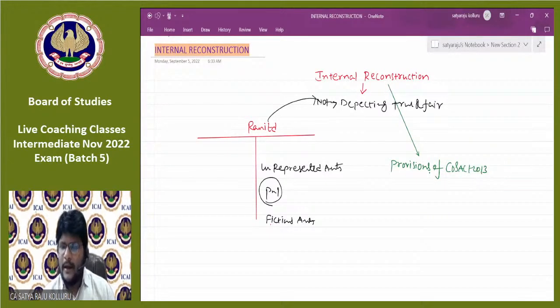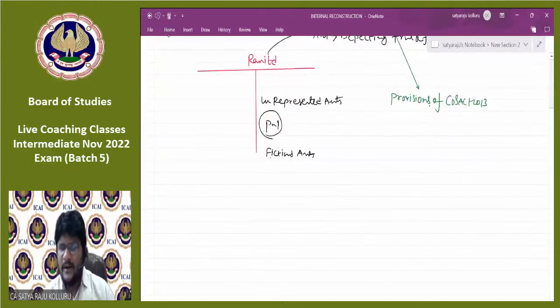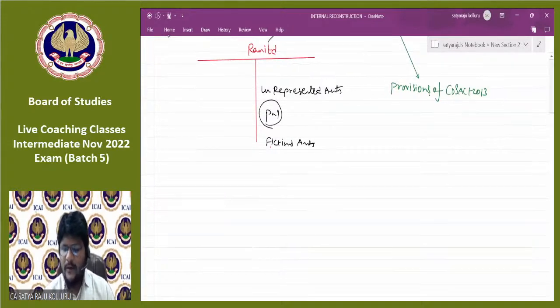To talk technically or legally, how does the typical internal reconstruction process happen in any company? First, let me explain. All of you, please concentrate here.